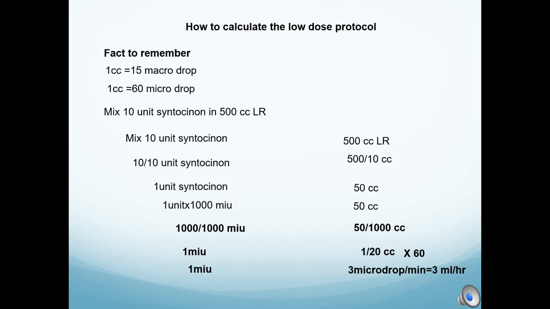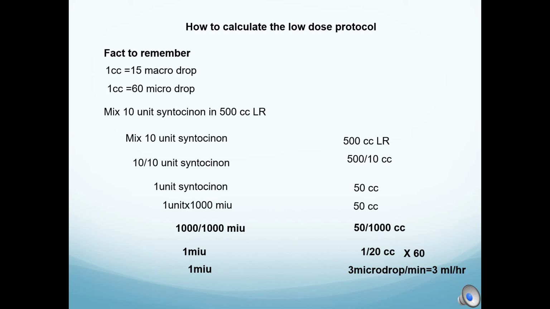How do we calculate the low dose protocol? Before we calculate it, there is a fact to remember: each 1 cc contains 15 macro drops as well as 60 micro drops. Usually we use 10 units of Syntocinon in 500 cc Ringer lactate.